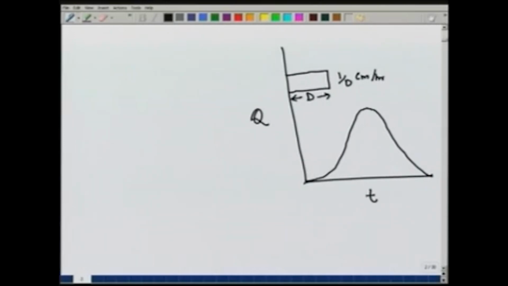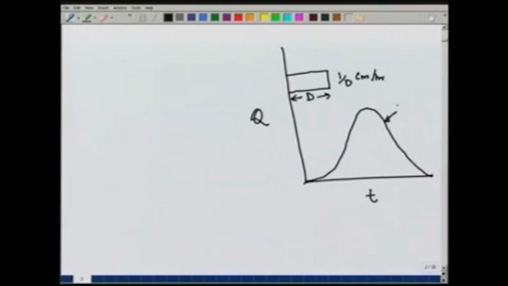Now, if we reduce the duration of the rainfall and increase the intensity in such a way that the total amount of rain falling is still 1 centimeter, we would get a different unit hydrograph. So, this is a d hour UH.